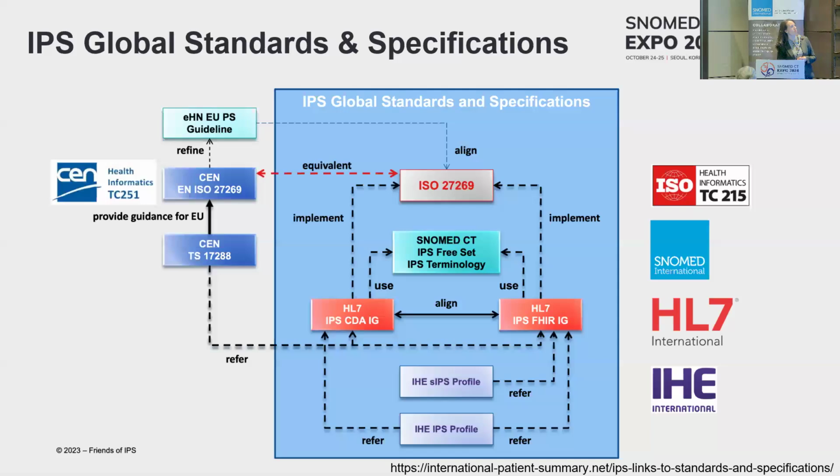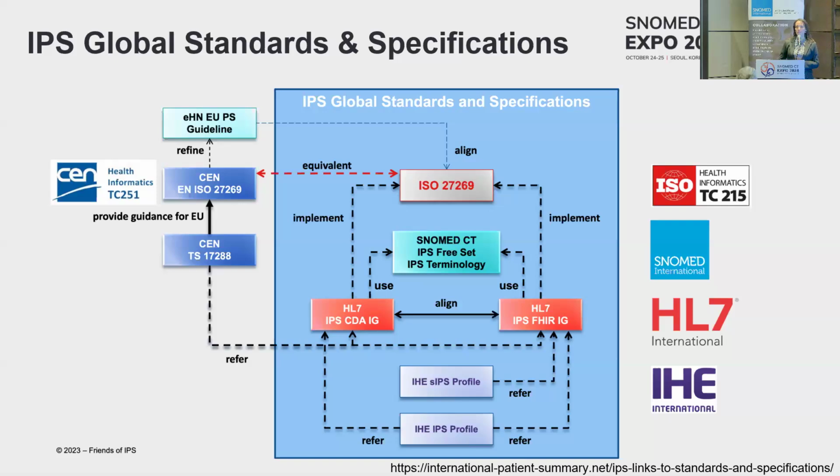Next slide, please. And this is a little bit more information and not just our fabulous logos of each of the SDOs. But this really starts to show you that CEN has provided general guidance for the EU patient summary guidelines, and that ISO has provided additional standard guidance. But then we also work very, very closely with HL7 in the production of HL7 FHIR value sets for IPS.